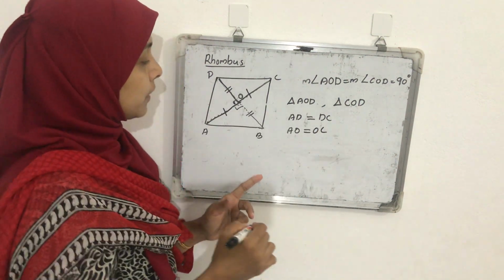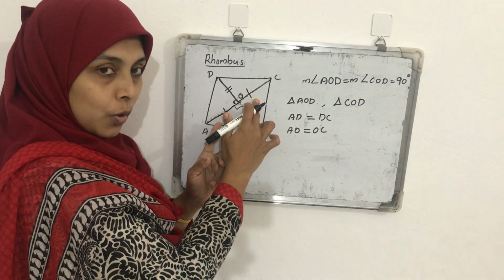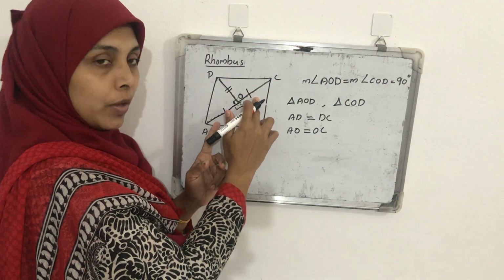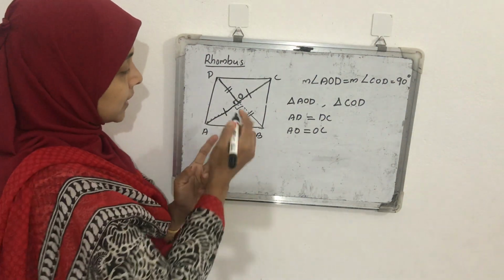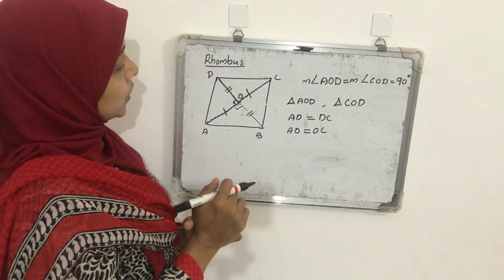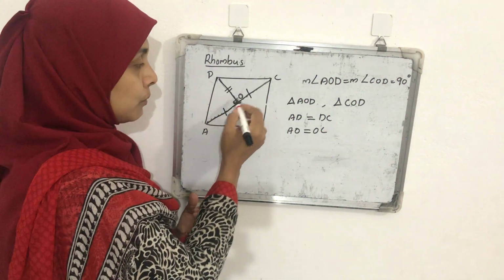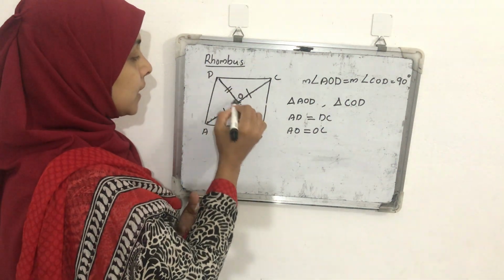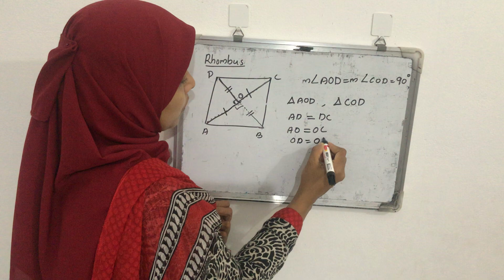What is the reason for AO being equal to OC? Because they are parts of the diagonals of a rhombus, and the diagonals of a rhombus bisect each other, so the length OA will be equal to OC. And also, the common side for both triangles is OD, so OD is equal to OD.